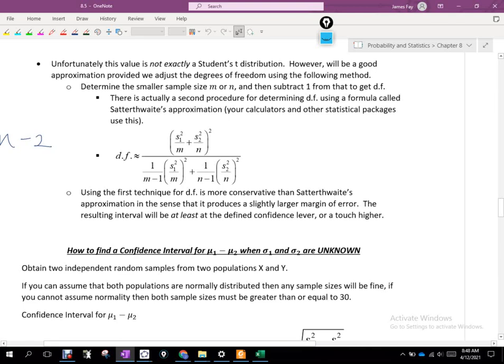What we were doing here was finding the confidence interval in 8.5. That right there is most likely what GeoGebra is using to find that degree of freedom. And what happens is that is ultimately a better approximation of degrees of freedom than n-1. Does that make sense?